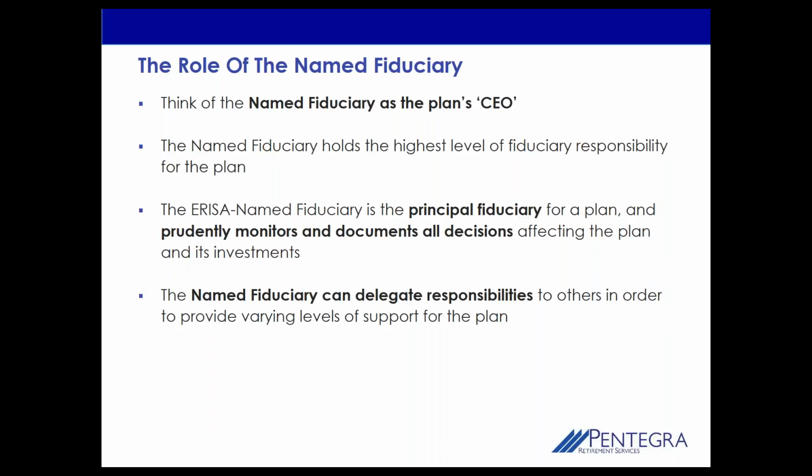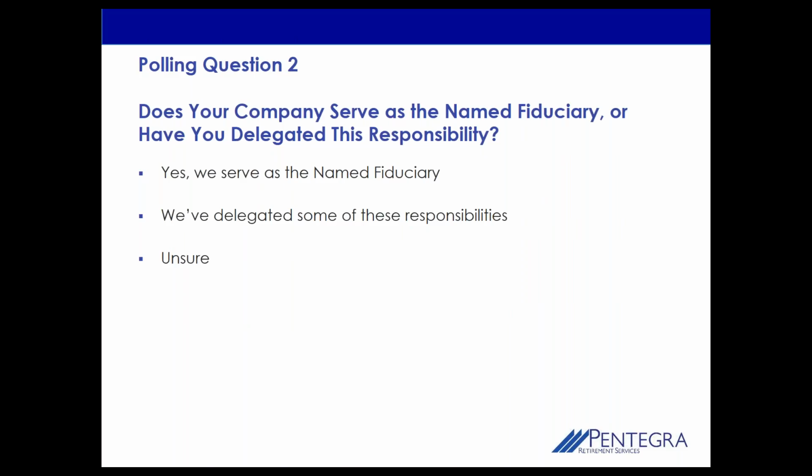They have to prudently monitor everything and document decisions, which is what I mentioned before: any meetings or decisions or committee actions should all be documented through minutes. As I mentioned before, named fiduciaries can delegate responsibilities, and this is outlined in ERISA, so there's no new concept here. This has been around for decades, the whole concept of hiring others to do some of the labor here.